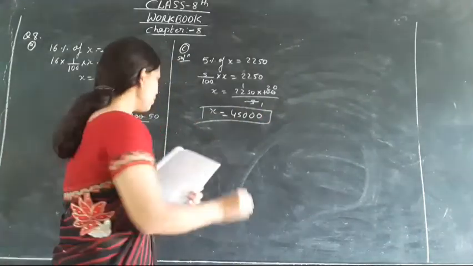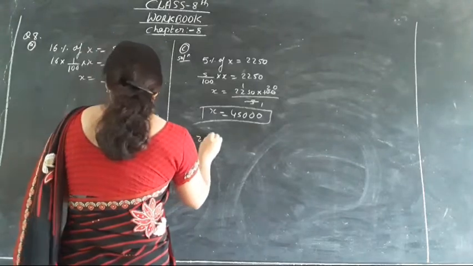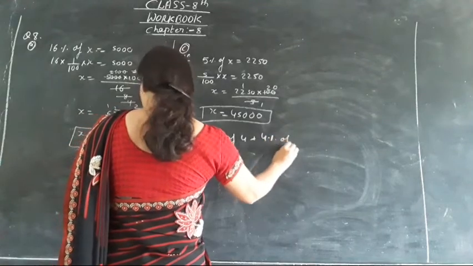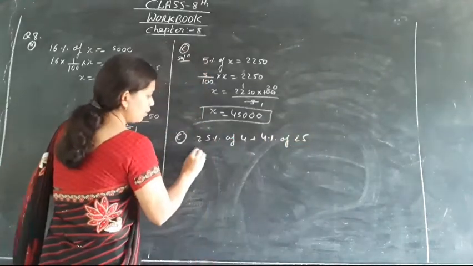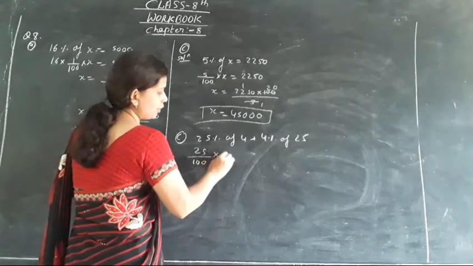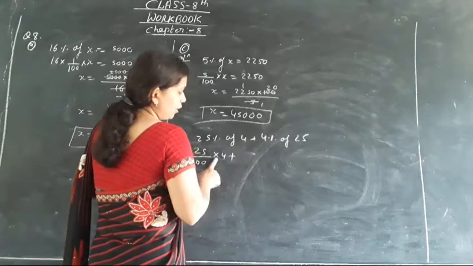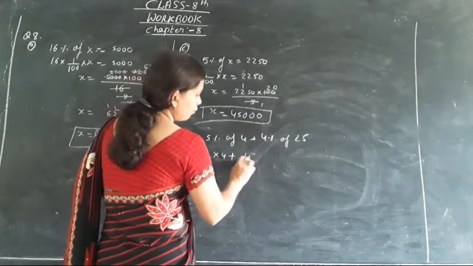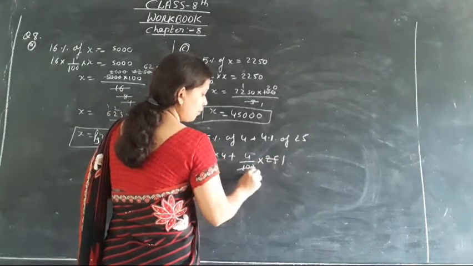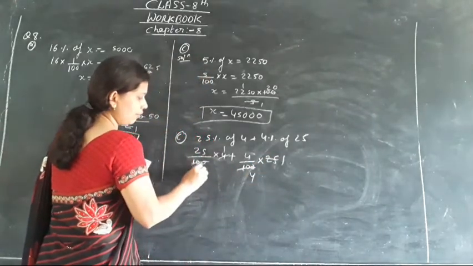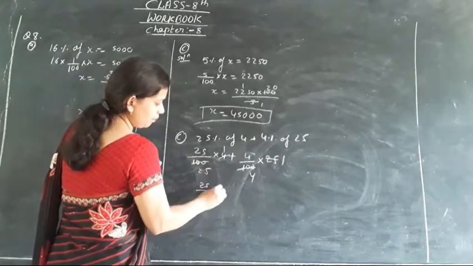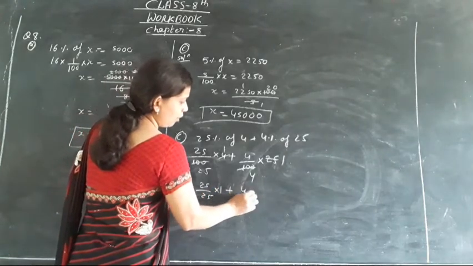Okay, moving toward the C part of the question, what is asked is 25% of 4 plus 4% of 25. This is the question we are having. So as we know that 25% can be written as 25 upon 100, of means multiplication, into 4, then 4 upon 100 into 25. So here 25 upon 25 is left out into 1 plus 4 upon 4 into 1.